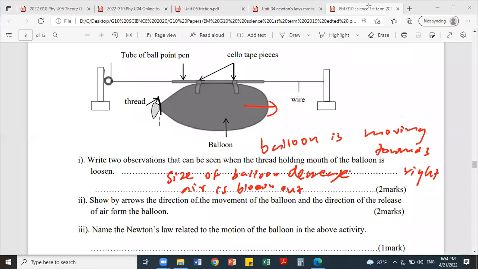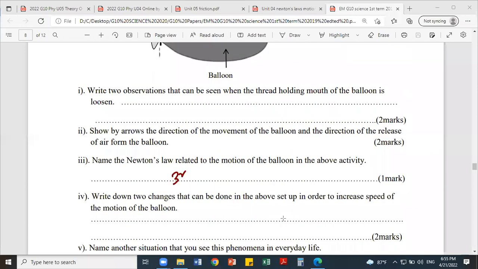Textbook page number 91. The action, and this will be the reaction. Air leaving the balloon is the action. What is the action here? Air leaving the balloon.